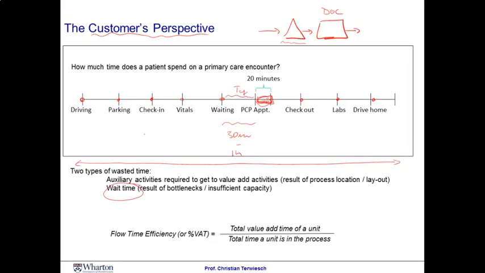A useful diagnostic measure to compute is the ratio between the total value add time, in our case here, 20 minutes, and the total time in the process. This is our good old friend, the flow time T, and oftentimes you notice that this number is dramatically less than 5 to 10%.